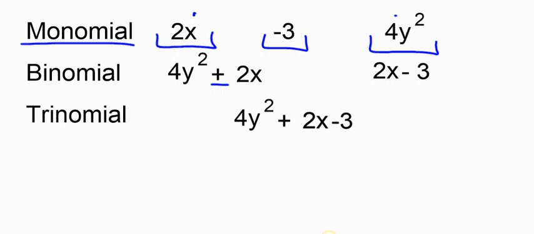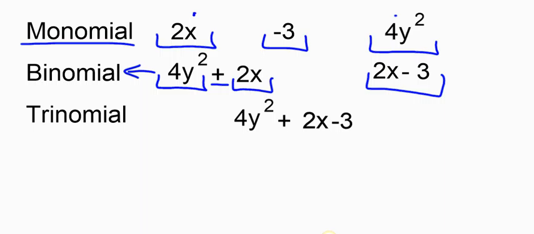As we look at this then, we now see the idea that we took this monomial and we're adding it to this monomial, and in essence we're getting what's known as a binomial. Together they create a binomial. Just like this over here also becomes a binomial. I have one term minus another term.